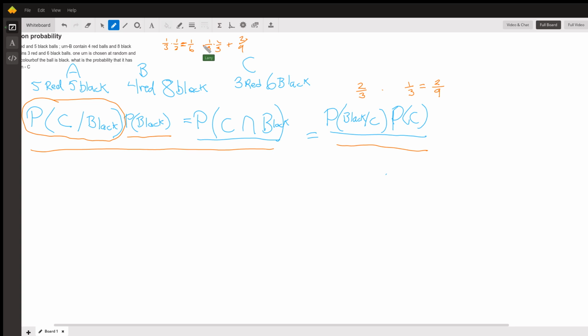So we add those 3 together to get the overall probability: 1 out of 6 plus 2 out of 9 plus 2 out of 9. Our common denominator is 18. 3 out of 18 plus 4 out of 18 plus 4 out of 18 is 11 out of 18.